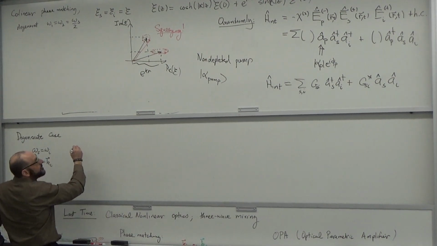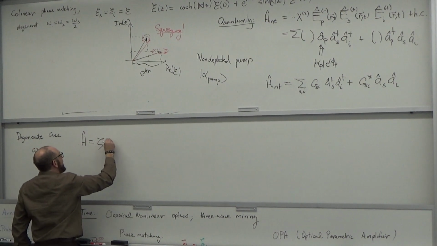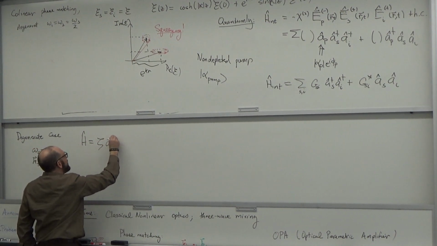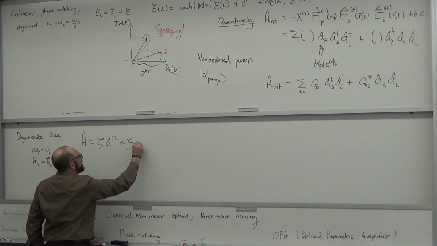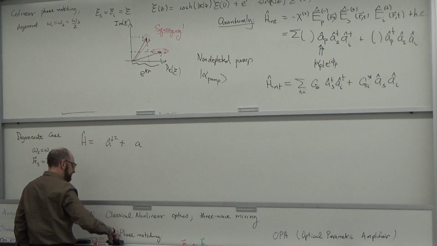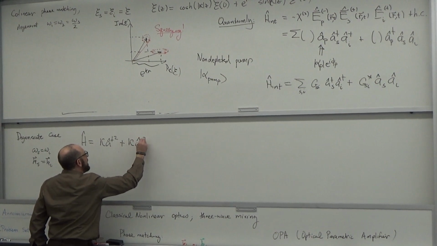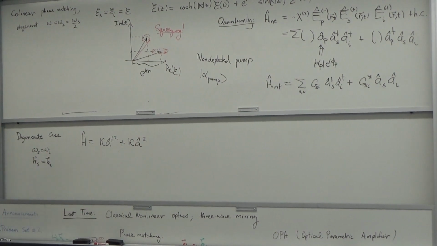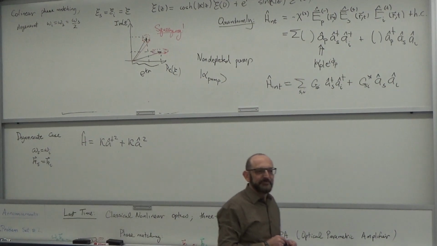Okay, so in that case, I'll have something that looks like zeta A dagger squared minus or plus, what do we call it, kappa, doesn't really matter, A squared. Which once again we recognize as the Hamiltonian that generates one-mode squeezing, right?